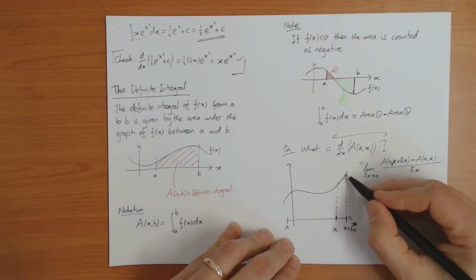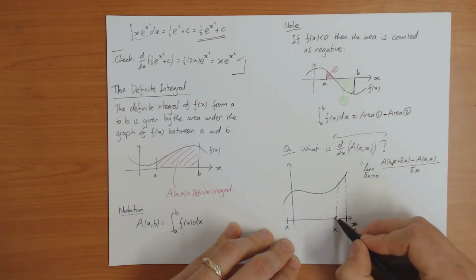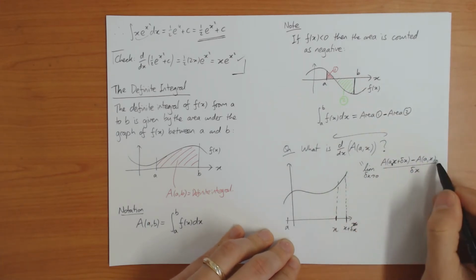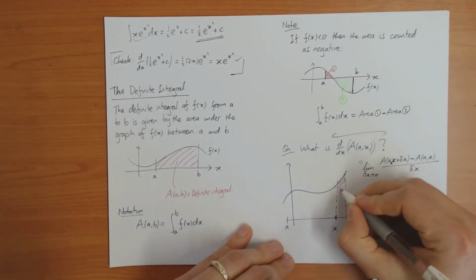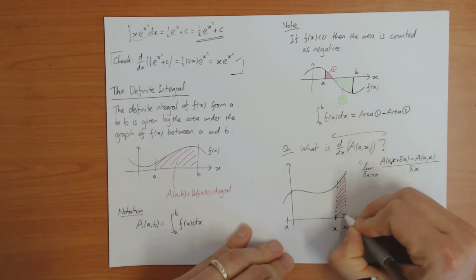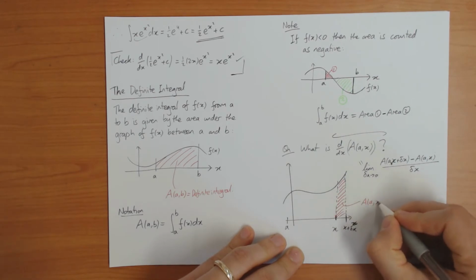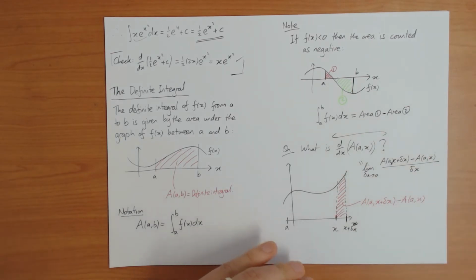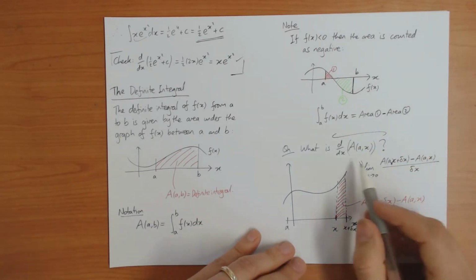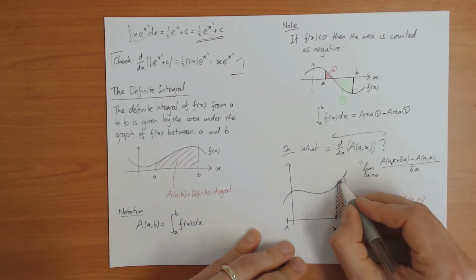So this first term is the area up to this line here. This second term is the area up to x, that's the area up to there. So therefore the difference between them is just the area of this part here. Okay, but you can see that if delta x is very small, as we take the limit delta x goes to 0, this area is going to be approximately equal to the area of this rectangle here, right?